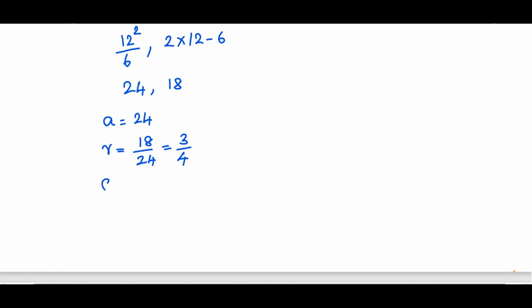And the sum to infinity formula is A, that is 24, divided by 1 minus R. R is 3 over 4. On simplifying this, we get the value as 96.